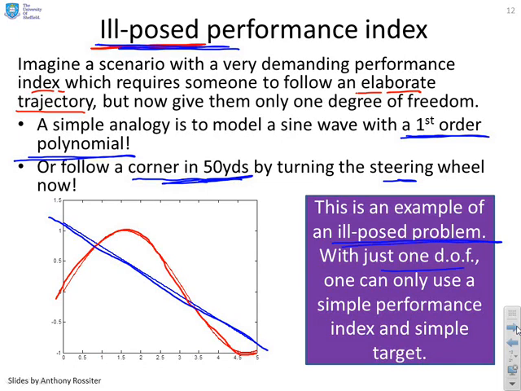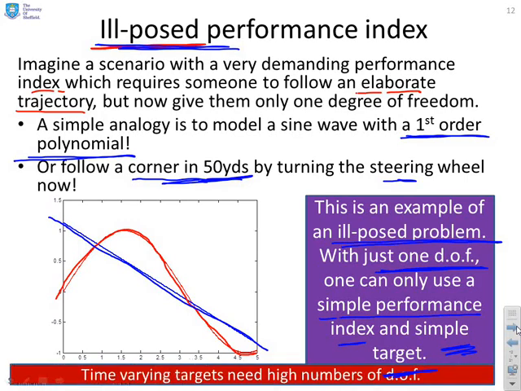If you've just got 1 degree of freedom, which is what I've given here, so you've got a straight line or just turn the steering once and that's got to be now, then you can only have simple performance indices and simple targets. So if you've got low numbers of degrees of freedom, you must have simple performance indices and simple targets, because otherwise what you're trying to do will just not make sense and you could end up with an arbitrary result.